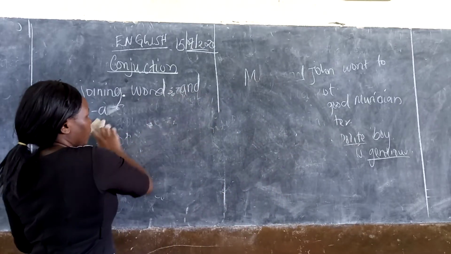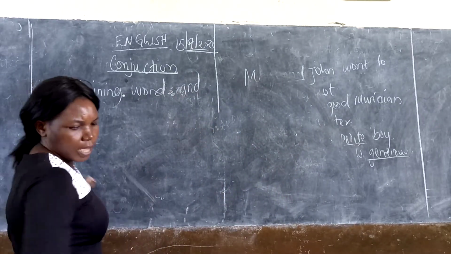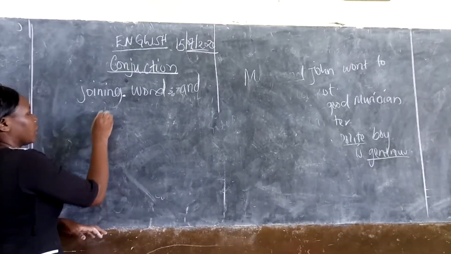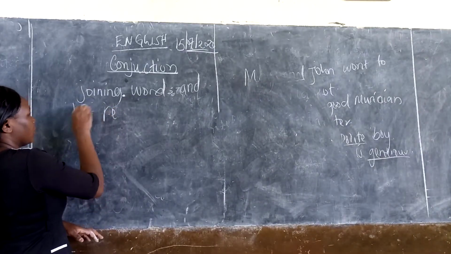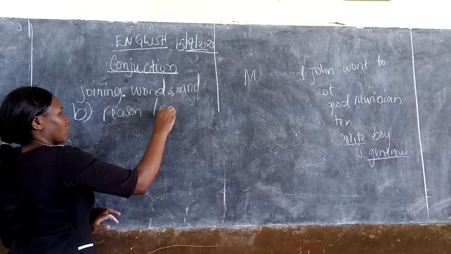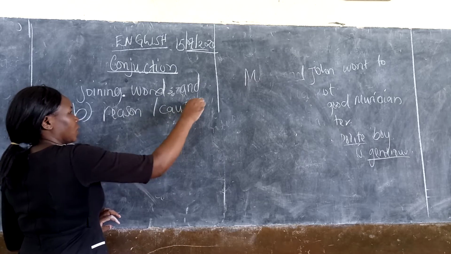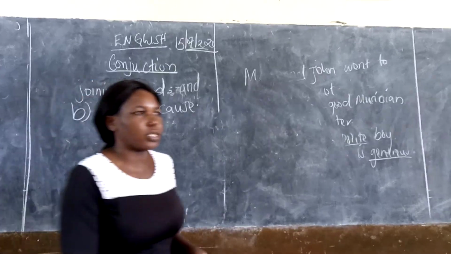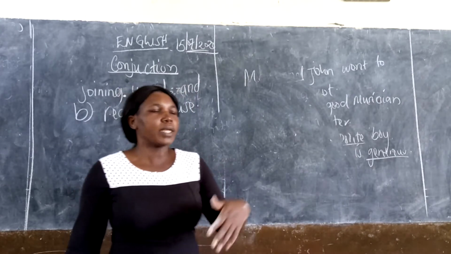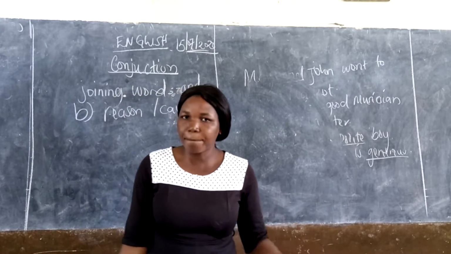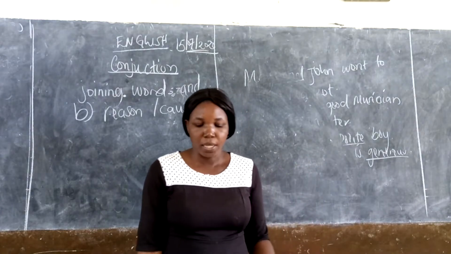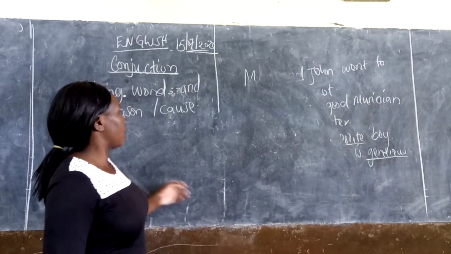When you are talking about addition of information, another type of conjunction shows reason or cause. B is reason or cause. When you are talking about reason, we want to know why something happened, or what was the cause of that thing happening.